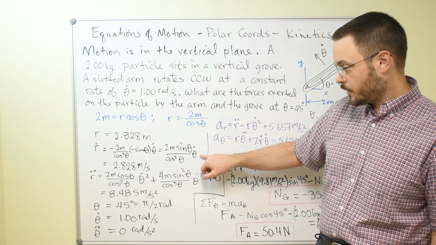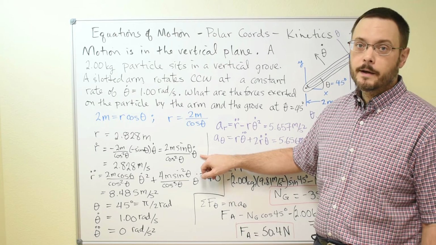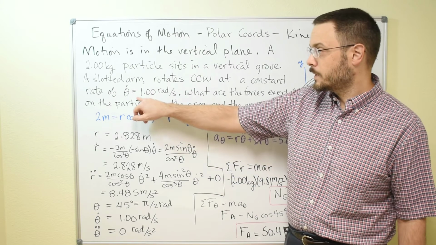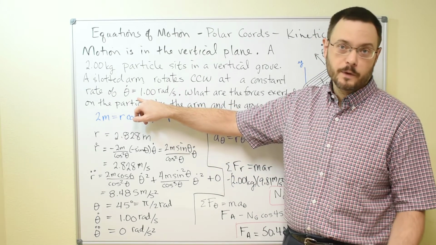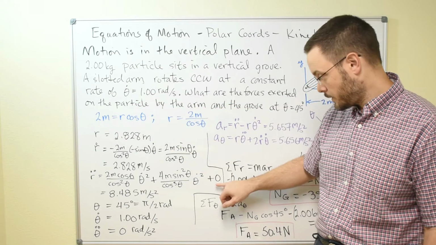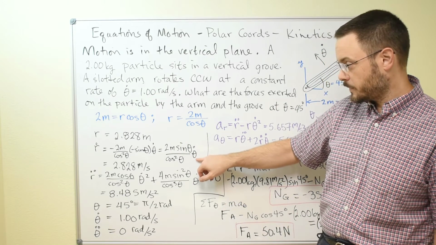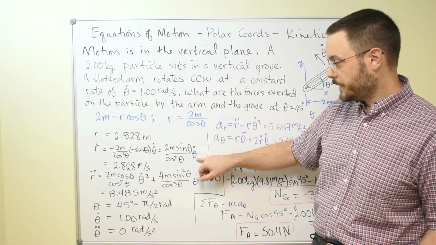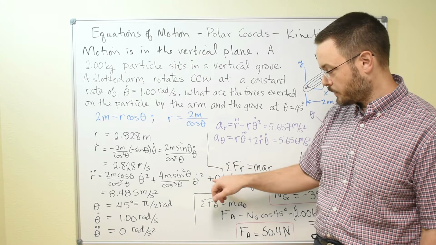And then, fortunately with this one, theta double dot was 0 because the problem said we had a constant rate of theta dot equals 1 radian per second. So we don't even have to mess with the derivative of the third term, because once theta double dot is 0, that'll zero out that third term.